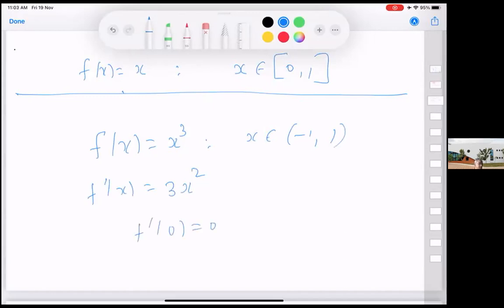Clearly this is not a maximum or minimum: f x equal to x cube. At 0 it is 0. The derivative is also 0. But for x positive this is positive, for x negative it is negative. So in one shot we have argued that this is neither a maximum nor a minimum. Right?